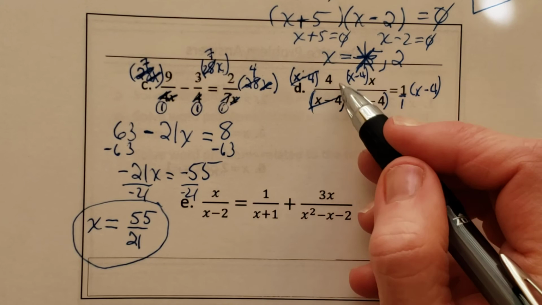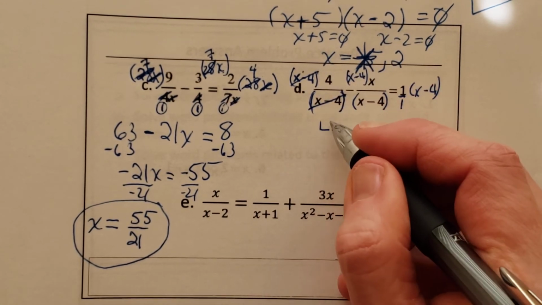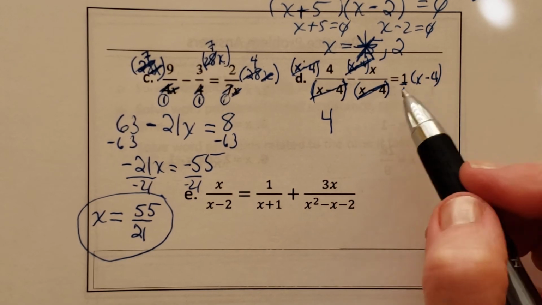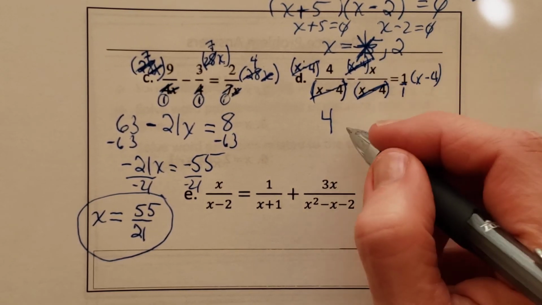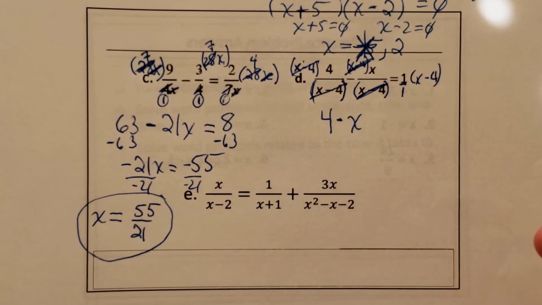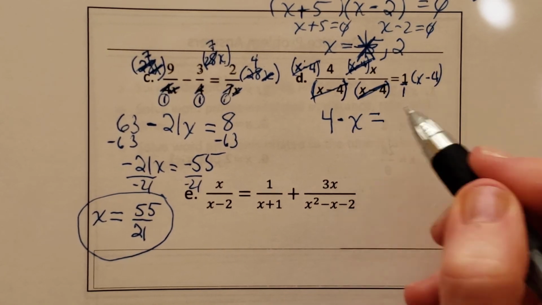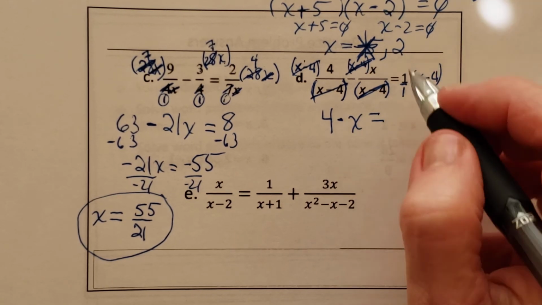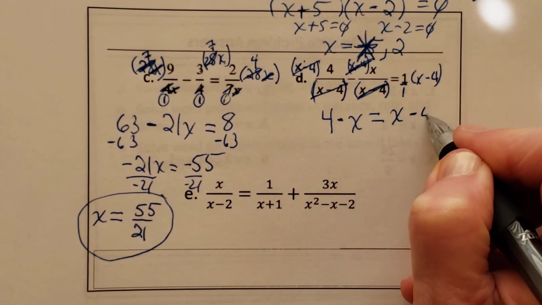So what do I have left in this first term? Just a 4. This one also marks out. So what do I have left in my second term? Minus x. And then finally after my equal sign, I just multiply 1 times x and 1 times negative 4, and I get x minus 4.